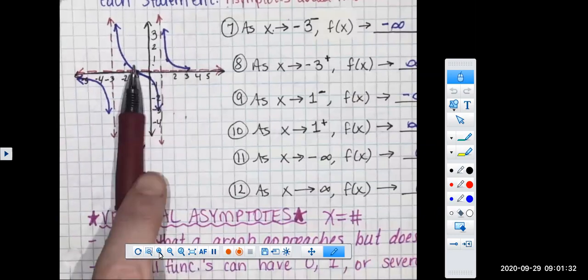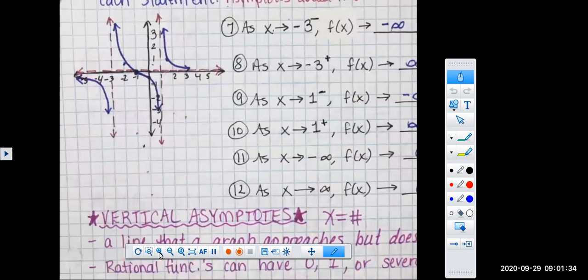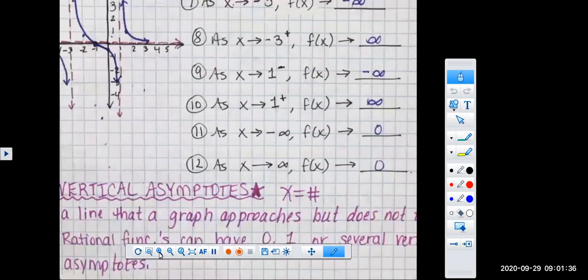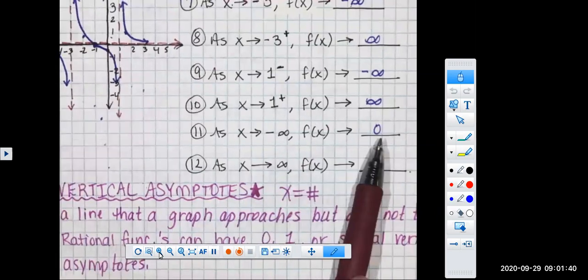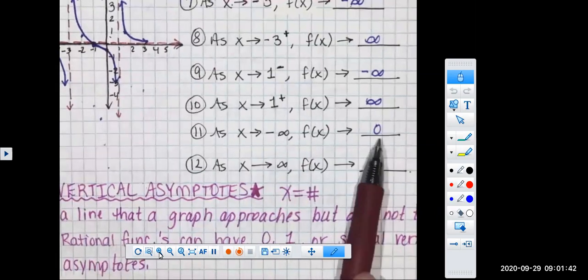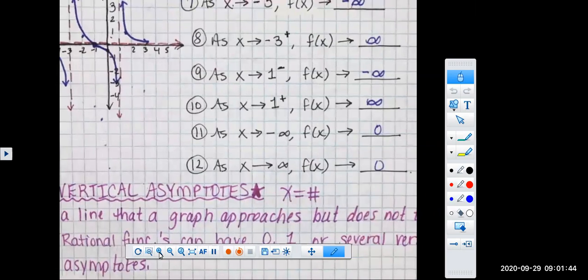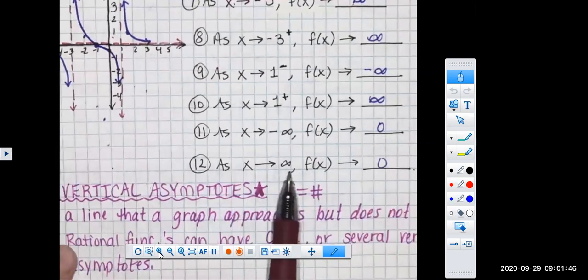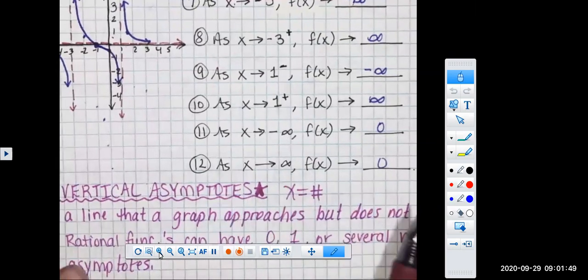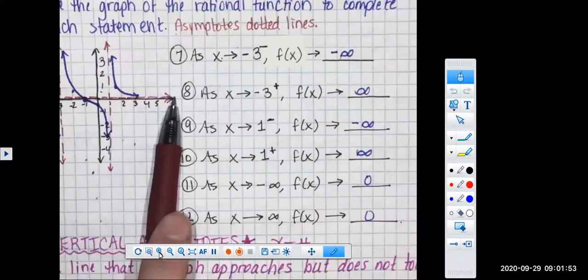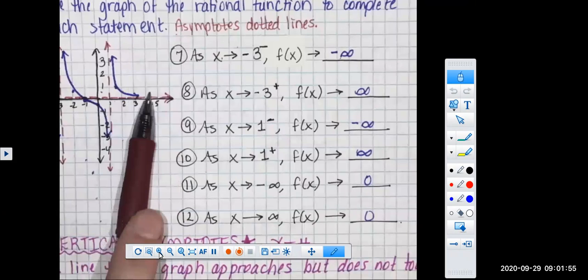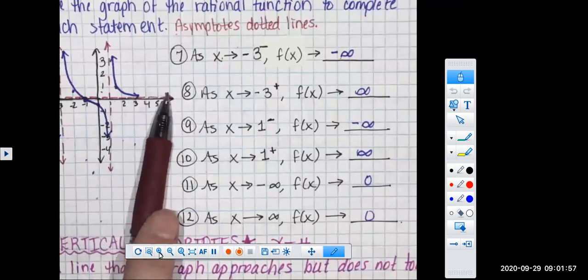What'd y'all say? 0. Good. So as x is approaching negative infinity, the y is getting really close to the x-axis, or y equals 0. And same thing as x is approaching positive infinity. As you'll notice, x is approaching positive infinity, and then your graph is approaching a y value of 0.